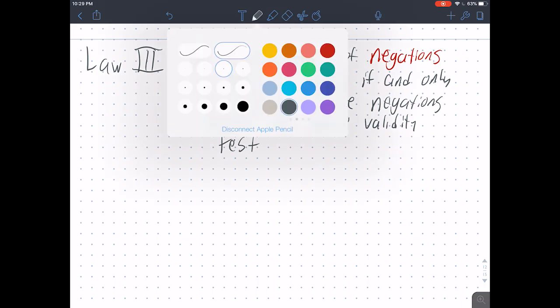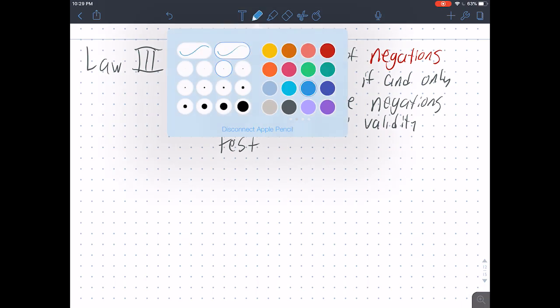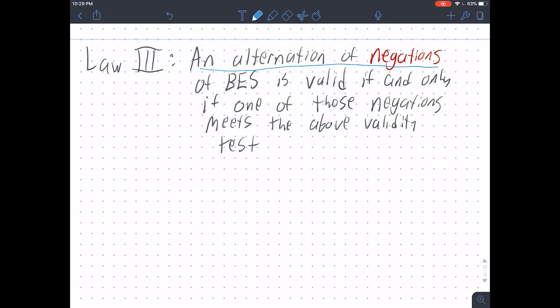So the next law is: if we have an alternation of negations of Boolean existence schemata, it's valid if and only if one of those negations meets the above validity test. Okay, so let's look at an alternation of negations of Boolean existence schemata, right?